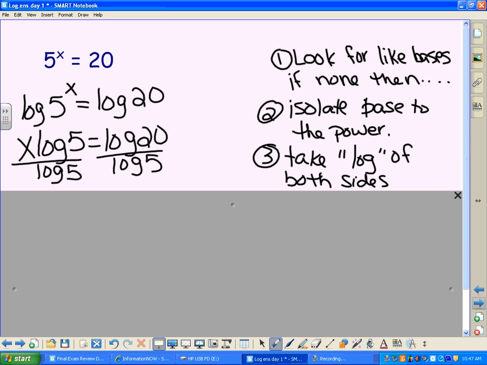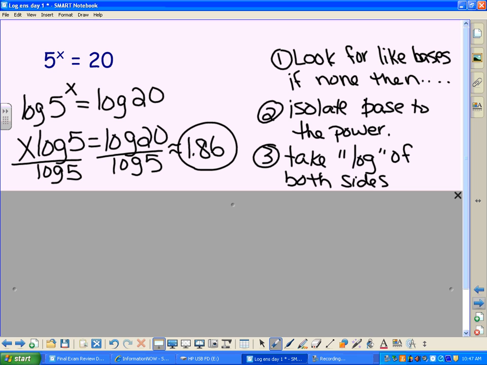Now we can make that into a decimal approximation, can't we? Because now we can use our calculators. So go ahead and do log 20. Make sure after you do log 20 you close your parentheses before you hit your divide. And then divide by the log of 5. Are you getting about 1.86?